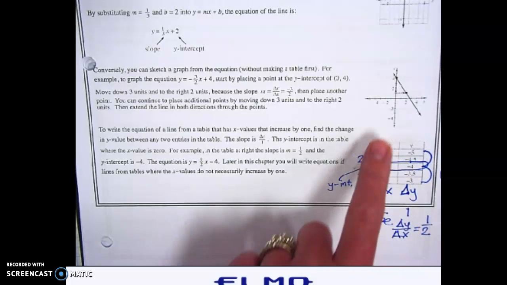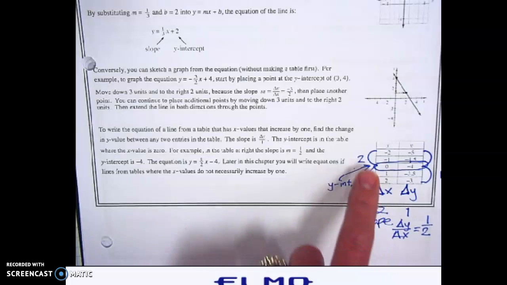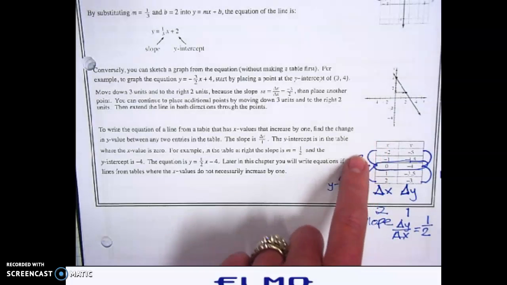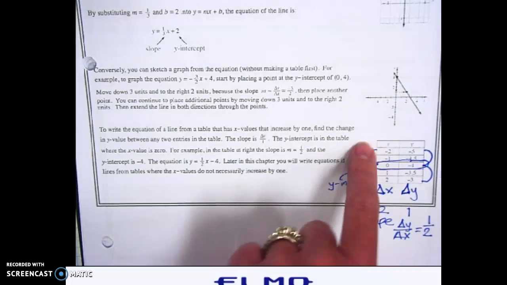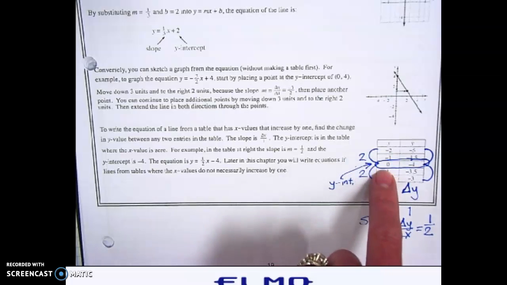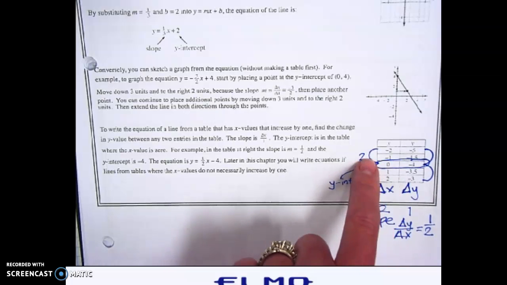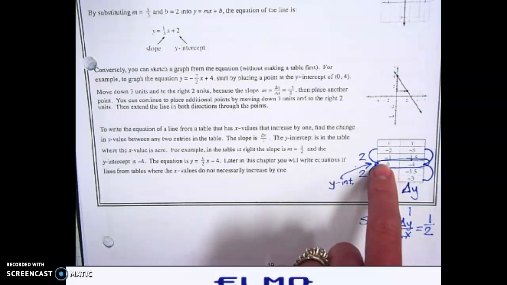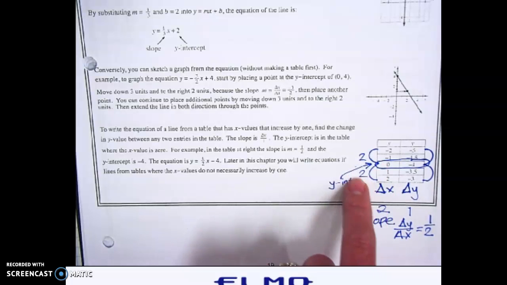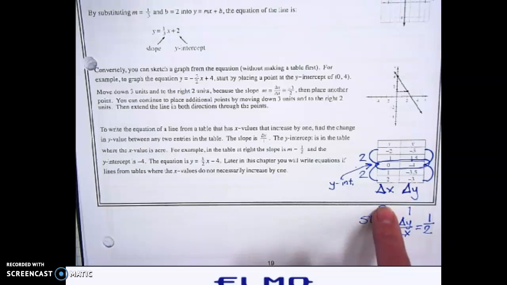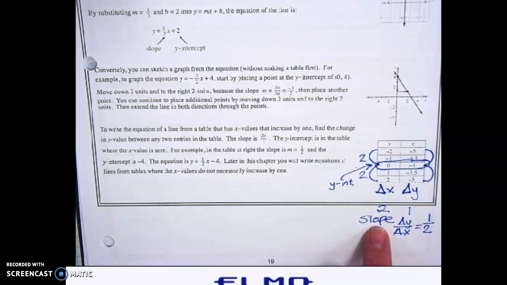In the x column, you also have to draw a little bump, because if you jumped over here, you've got to jump over here. From -2 to 0 is a change of 2, and from 0 to 2 is also a change of 2. So your delta x, or your change in x, is 2. If we were asked to write the slope as change in y over change in x, or delta y over delta x, we get 1/2.